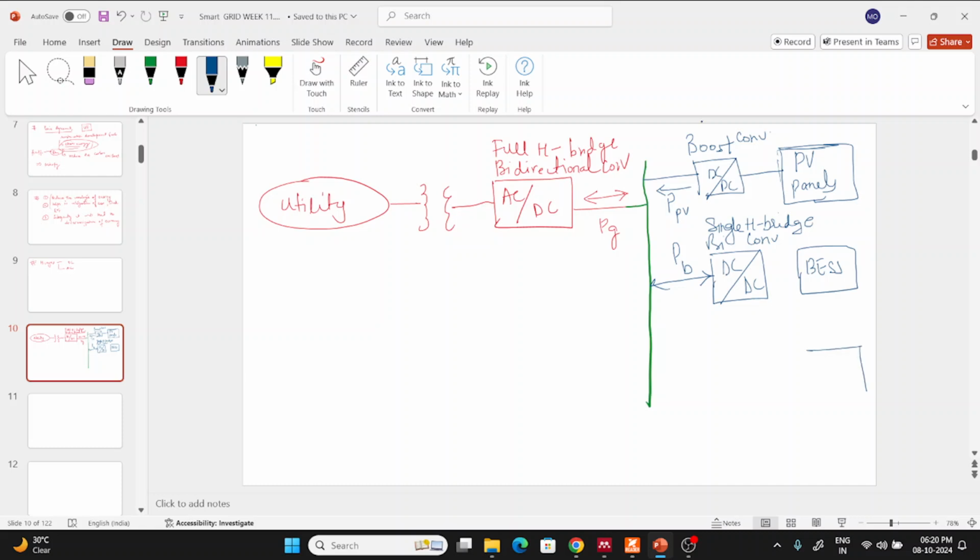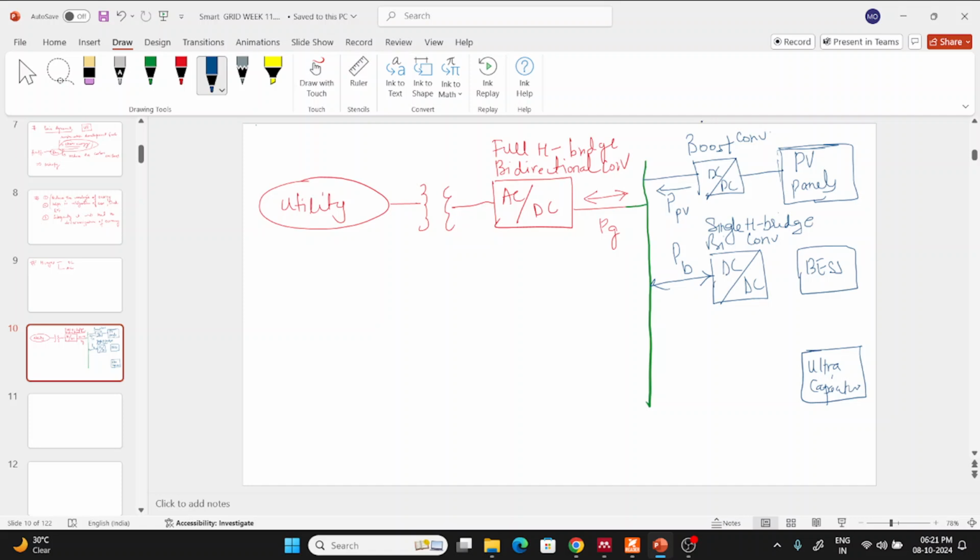Then here are ultra capacitors. We have already talked in detail about these ultra capacitors. They have certain advantages over the batteries because, due to high energy density, they can store a larger amount of charge.